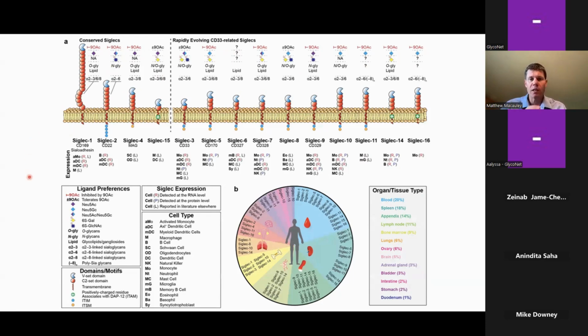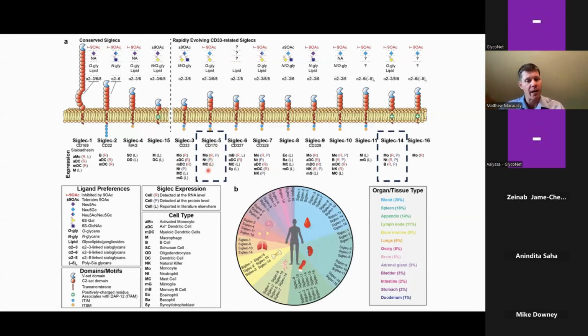So just one really simple point I'll mention here, which I think is kind of cool: if I just look at Siglec-5 and 14, these are actually gene duplications. One is an inhibitory receptor, one is an activatory receptor. And if you look at dozens of reviews that are out there on Siglecs, you will see that it is reported that Siglec-5 is expressed on B cells.